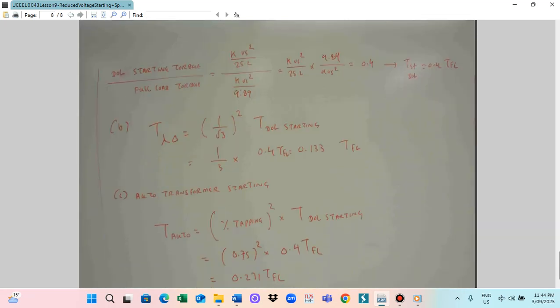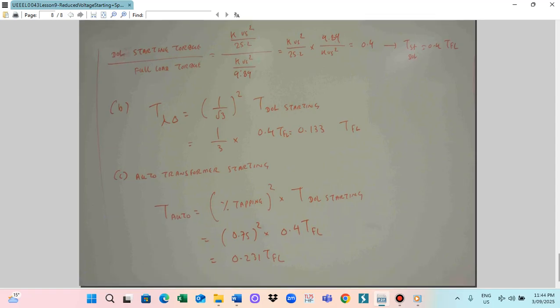So this is for the starting torque. And the previous one, KVs squared by 9.89, is the full load torque. So you have to make a comparison: direct online starting torque by direct online full load torque, which is KVs squared by 25.2 divided by KVs squared by 9.89. Then you get 0.4. So this is the ratio between the starting torque and the full load torque.